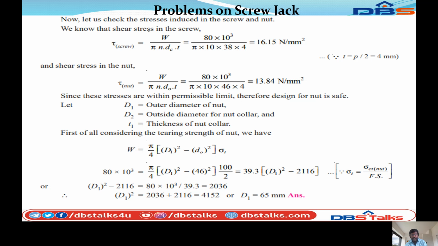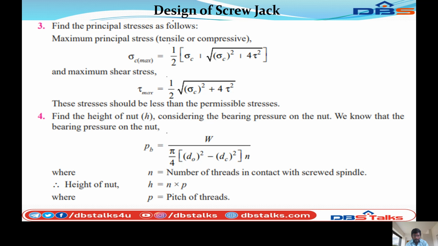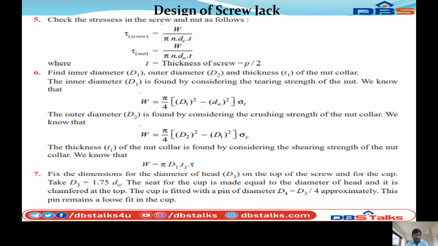This formula is also given in the design procedure of the screw. So we can calculate the inner diameter, W equal to pi by 4 into d1 square minus d0 whole square into sigma t.